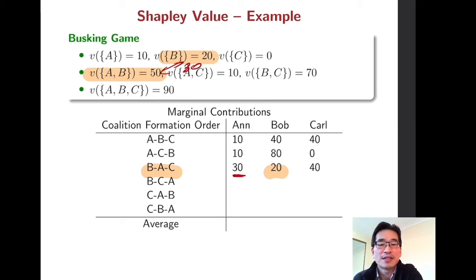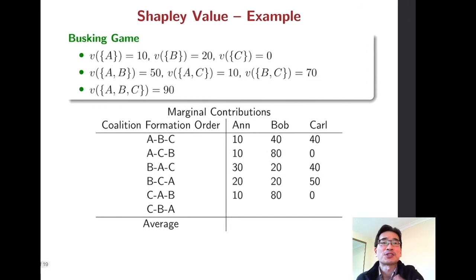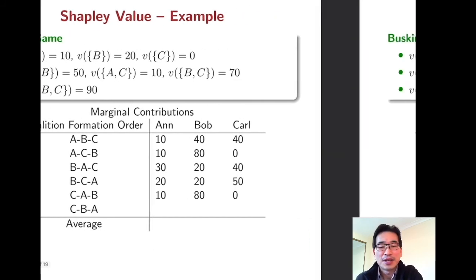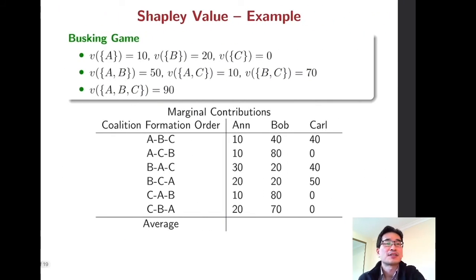So A takes 30, after which C joins, and the difference between 90 and 50 is 40. So 40 goes to Carl. So we do this exercise for the other coalition formation orders, and then take an average for each player.